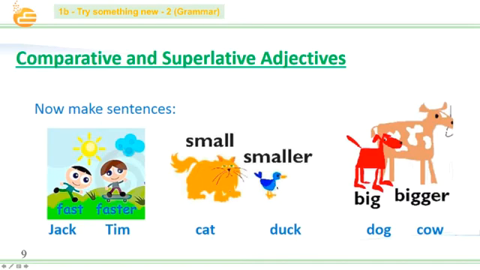The duck is smaller than the cat. What about bigger? We have dog and cow. The cow is bigger than the dog. Okay?